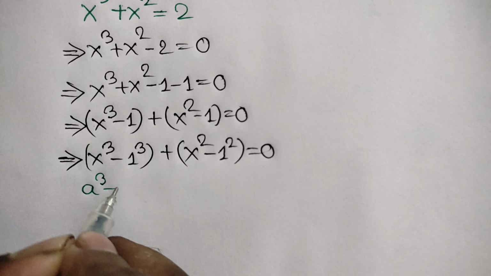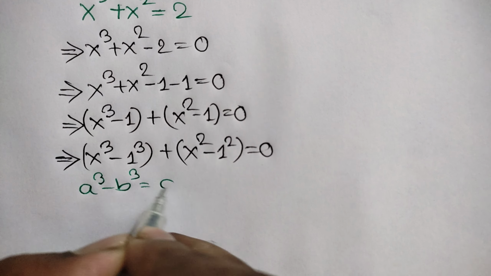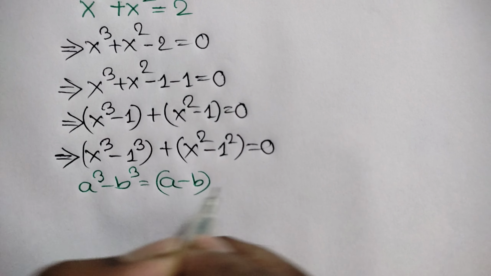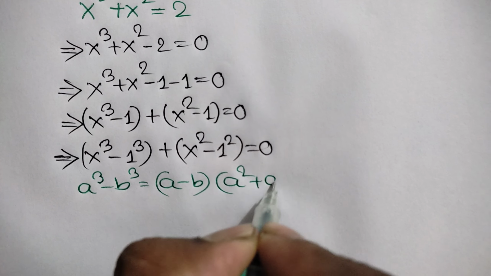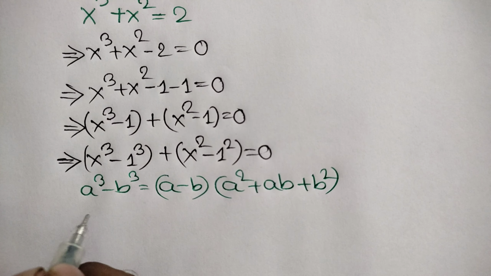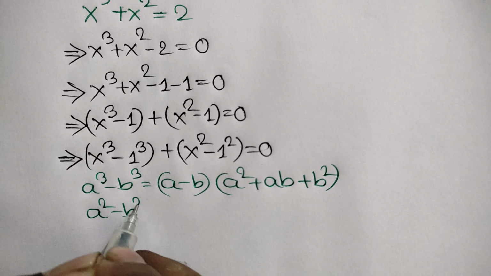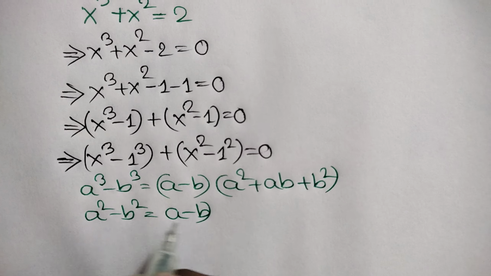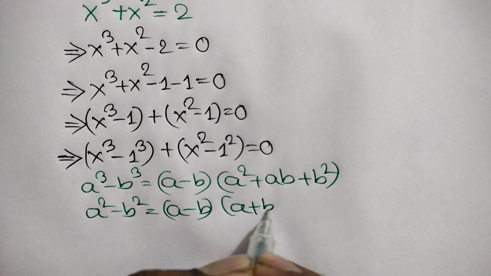a cube minus b cube is equal to a minus b times a square plus ab plus b square, and a square minus b square is equal to a minus b times a plus b.